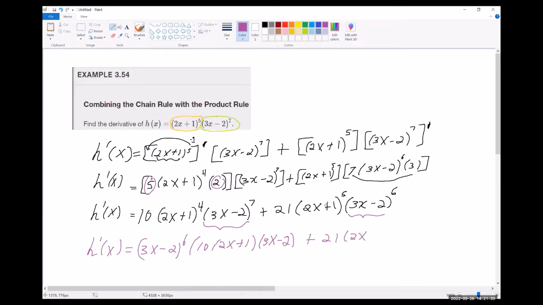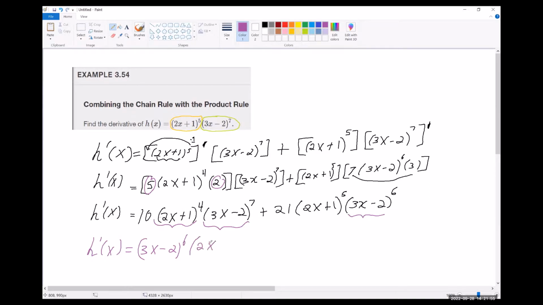Oh, there's a 2x plus 1 here too. Hold on, let me go back a step. Or a few steps. And this will be the last problem that I record, because I think that's more than what you even want, or at least that's about as much as you want from me.